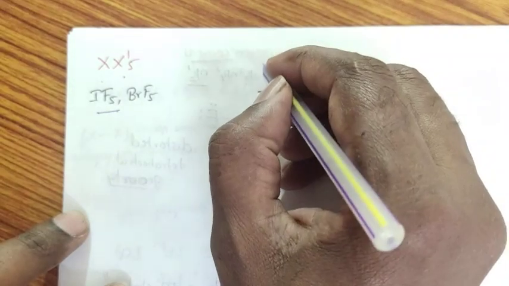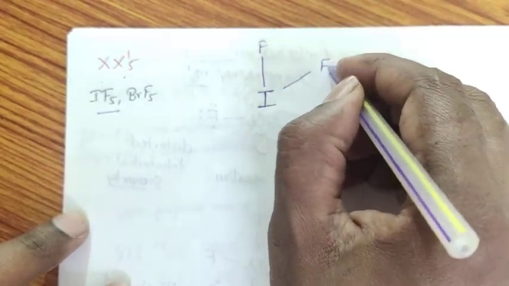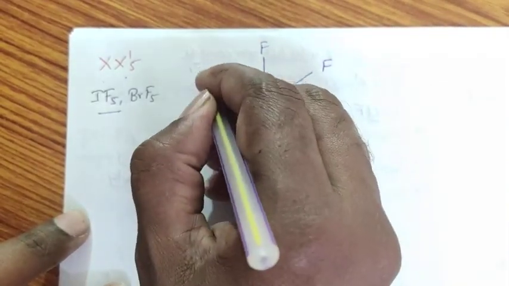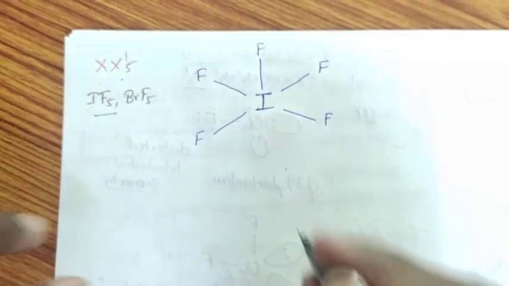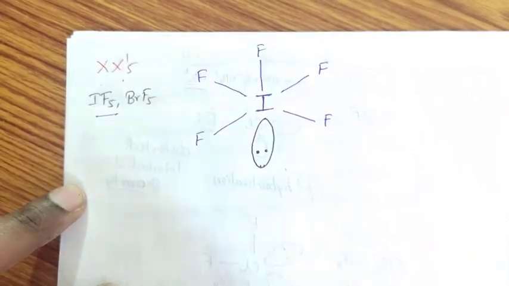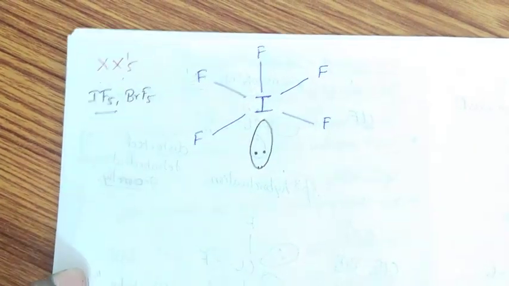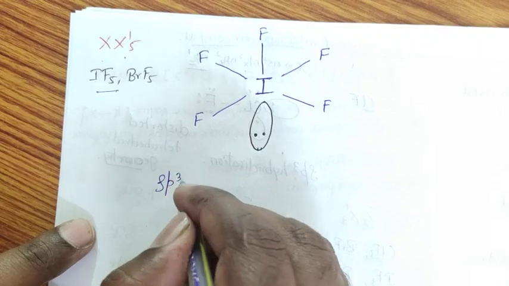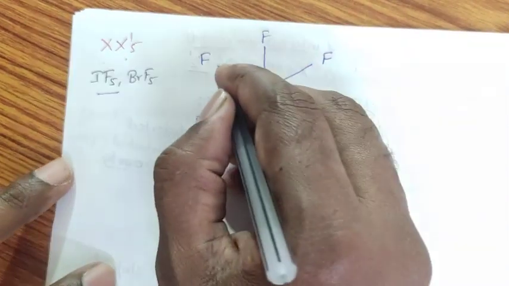Out of 7 electrons, 5 electrons are involved in the bond formation with fluorine atoms, and the remaining 2 electrons exist in the form of a lone pair. Therefore 1, 2, 3, 4, 5, 6 are there. Then what is the type of hybridization? It should be sp3d2.